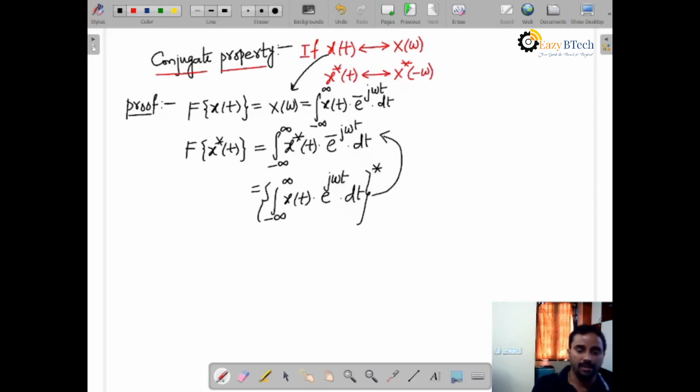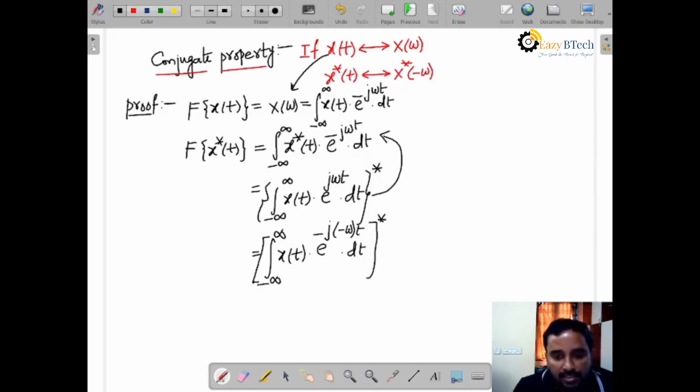Now here we have plus j in the power. That plus j I can write as the integral from minus infinity to plus infinity of x of t e to the power minus j into minus omega t dt, whole star. We can write plus j as minus j and minus omega, since minus into minus is plus. If you observe this integral, the bracket is like the Fourier transform formula.